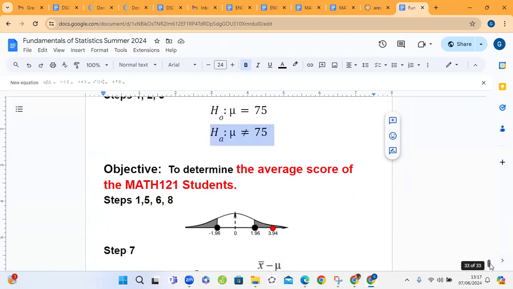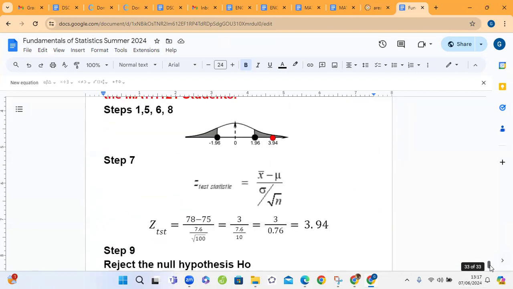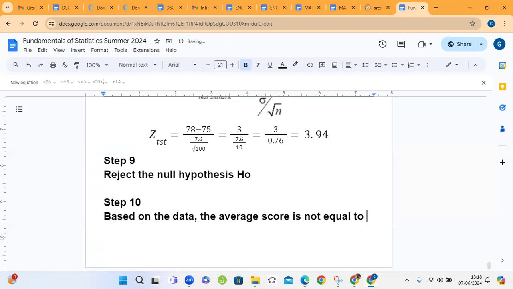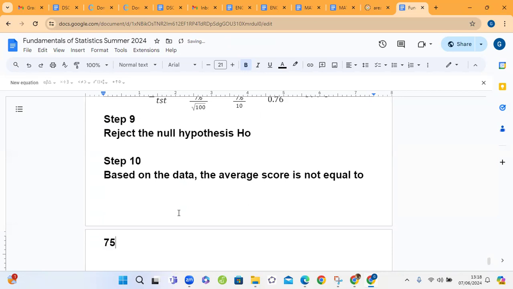We claimed 75, but we got 78. 78 is significantly different from 75, and that was proven to be true. So you always begin by saying, based on the data, and we quote the alternative hypothesis, which says that the average score is not equal to 75%.